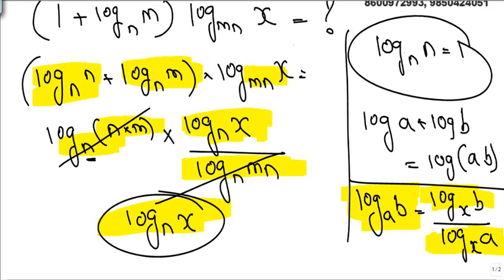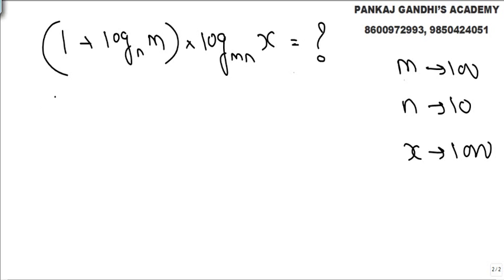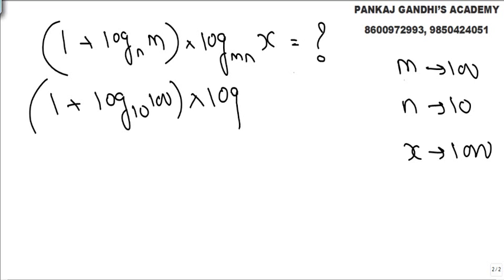Look, I will always recommend, that's how I solve in the CAT papers. You go with trial and error. Let's say I take m as 100, n as 10. Obviously we take these bases because in logarithms we need some multiples. 1 plus log to the base 10 of 100 into log to the base mn, that is 10 into 100, of x, and the value of x is 1000.